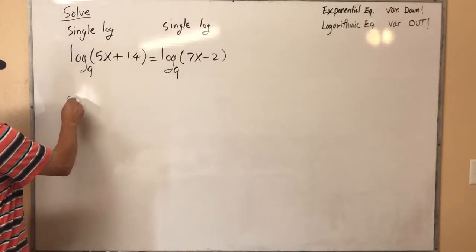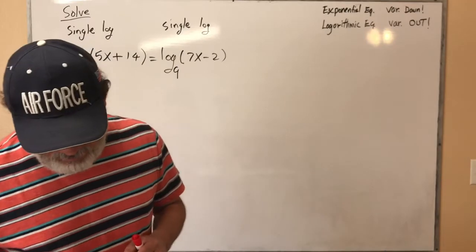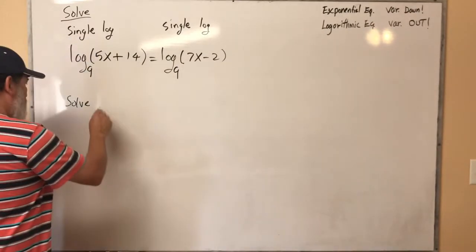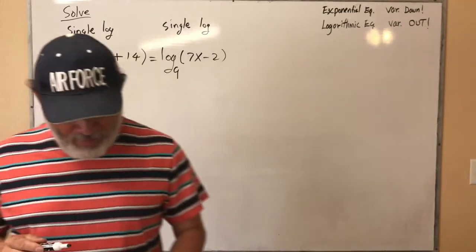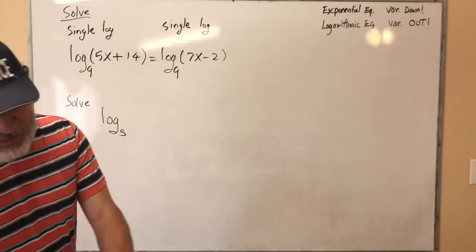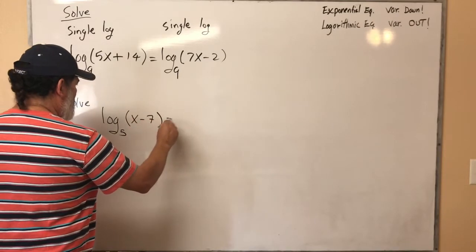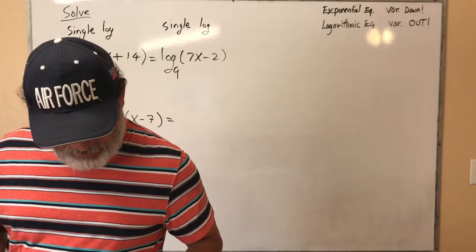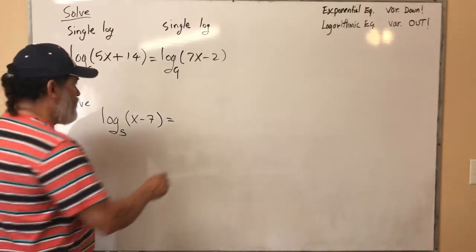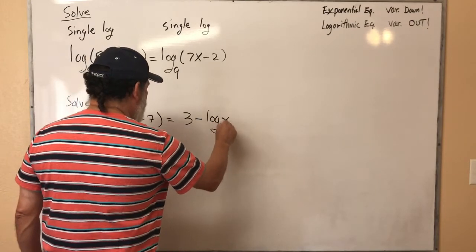Solve log base 5 of x minus 7 equals 3 minus log base 5 of x.